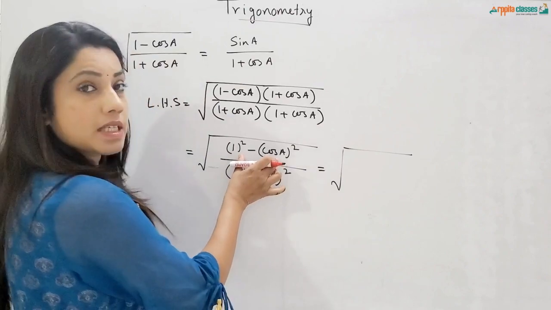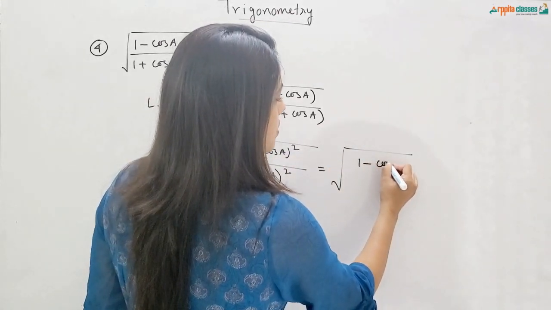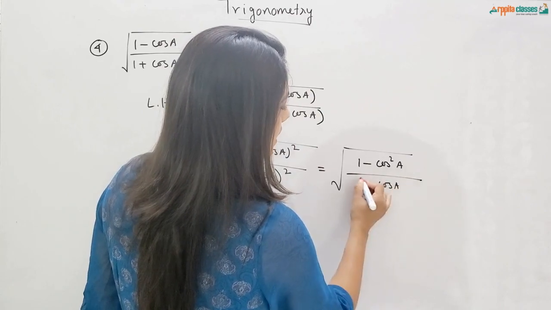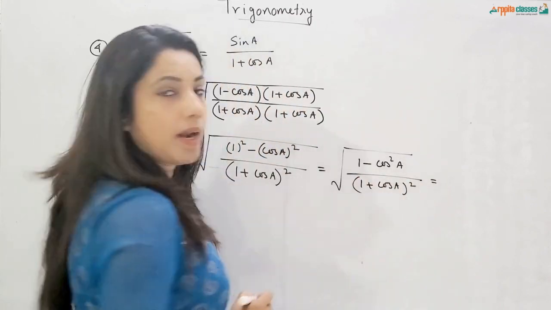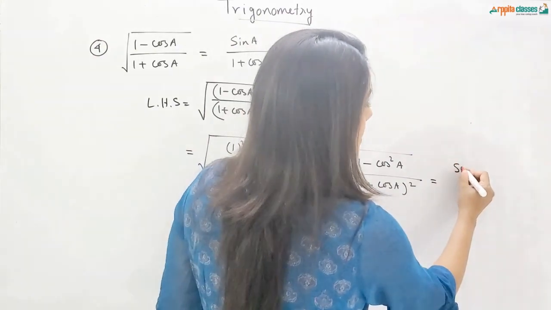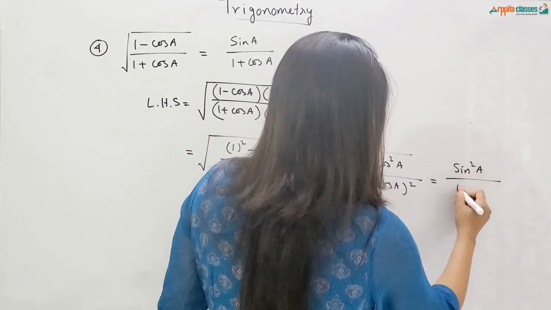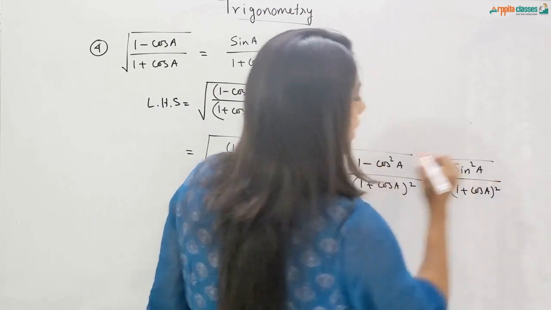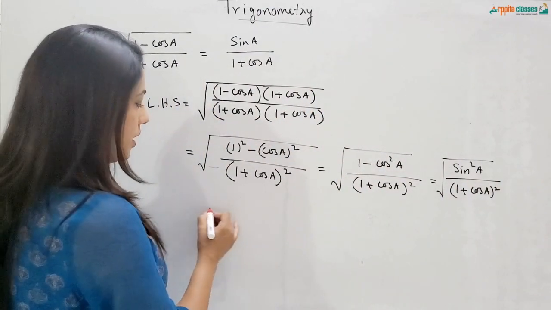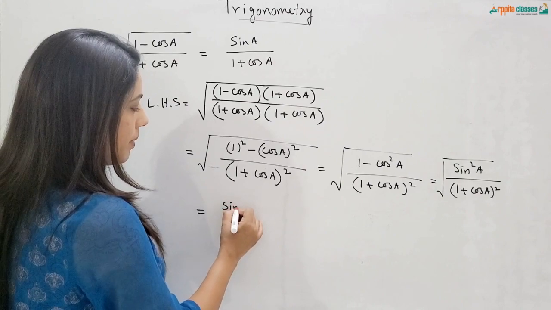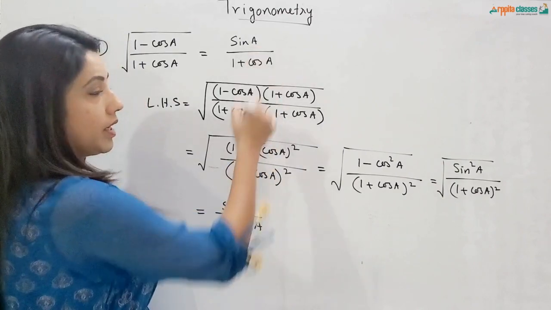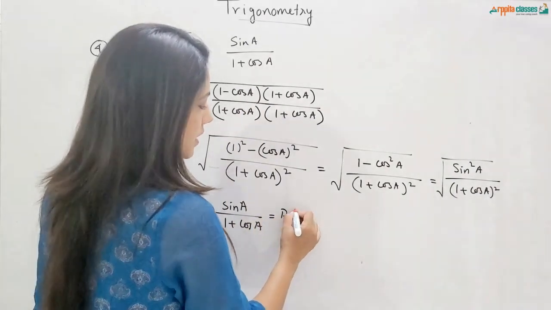So this can be written as 1 minus cos square A, and down it is 1 plus cos A the whole square. 1 minus cos square A can be written as sin square A. Down we have 1 plus cos A the whole square. Now we'll take both numerator and denominator out of the root sign. So it will be sin A upon 1 plus cos A. Look at your right hand side, we got it.